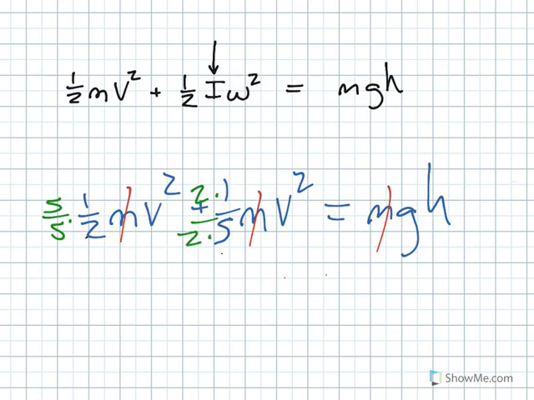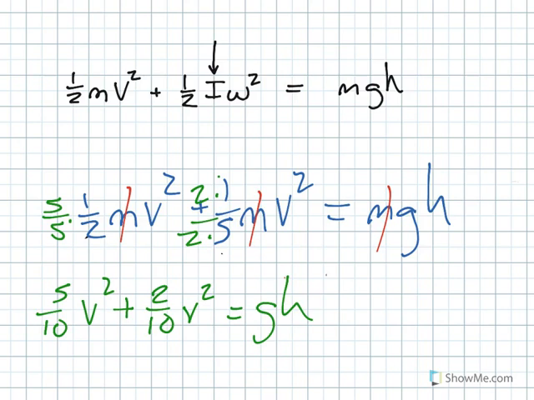Okay, so then we have 5/10 v squared plus 2/10 v squared equals gh.